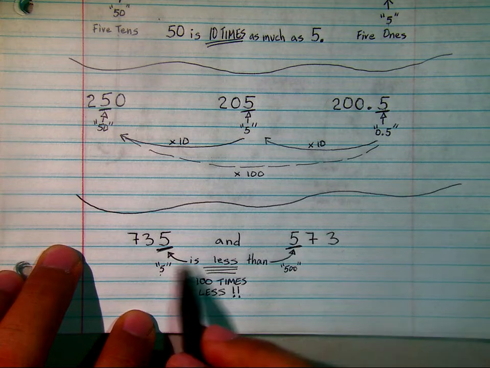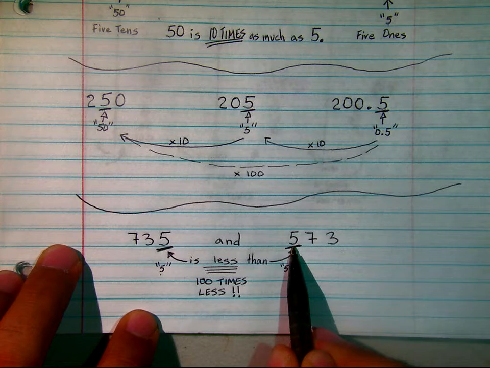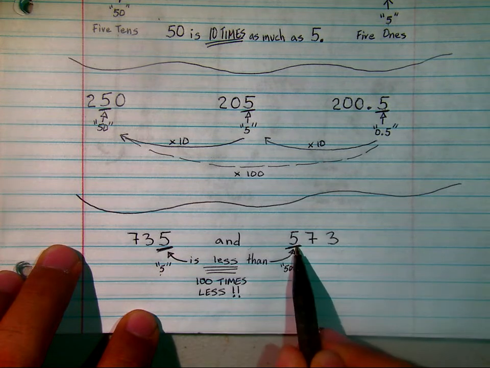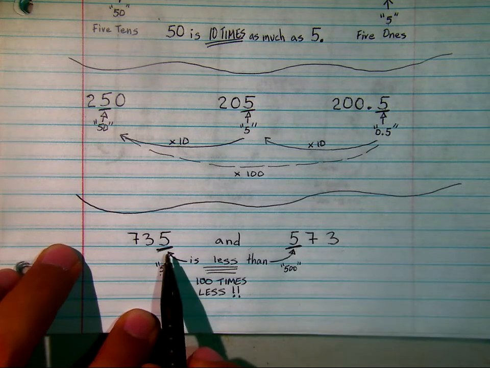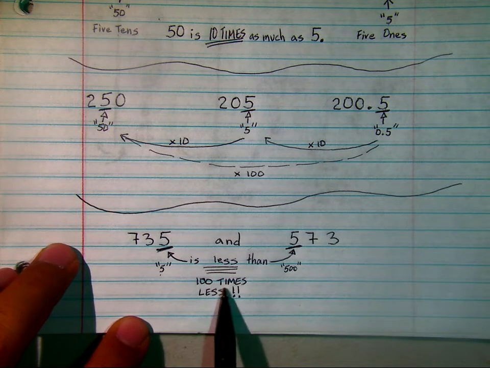So saying this 5 is less than this 5, you might say, okay, yeah, I get that. But then you have to consider how much less this 5 is. It's 100 times less.